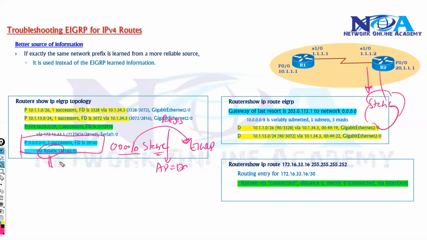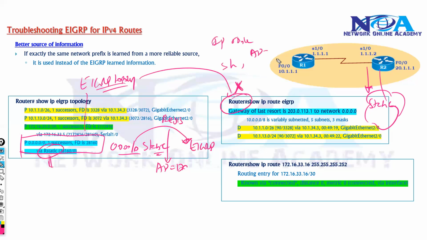You can see this route is in the EIGRP topology table, but even though it is in the topology table, it is not installed in the routing table because this particular router is already configured with a static route, which has the AD value of 1.